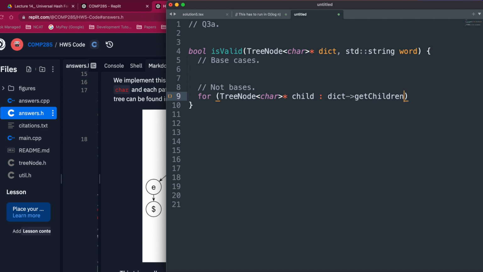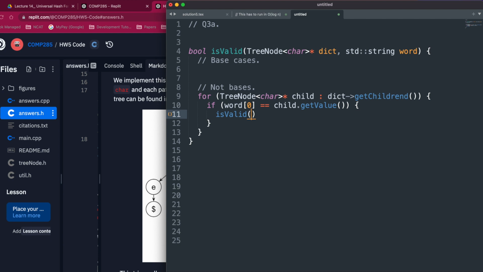I think getChildren is the function that we're looking for. So for each child tree node, if word 0 is equal to child.getValue, so if this character is equal to this character, then we want to check if the remaining of the word is valid.